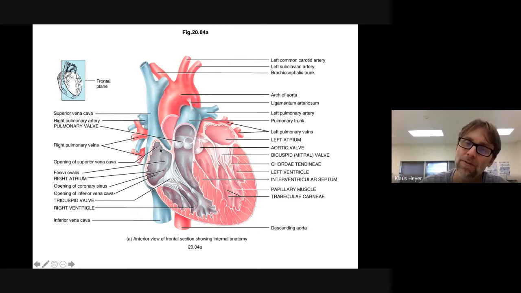The receiving departments, the atria, get the blood. Then they walk it through the door into the back of the warehouse and give it to the shipping department. So here's the ventricle. Hey, shipping department, I've got blood with no oxygen. Go send this out to the lungs. They've got to stick some oxygen in it.